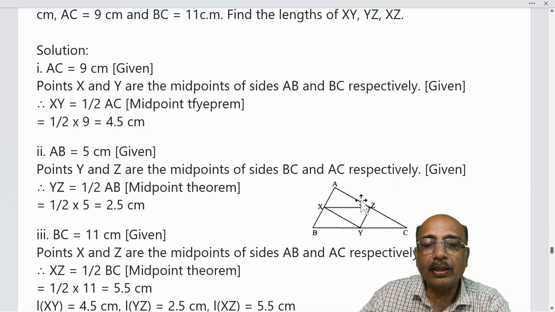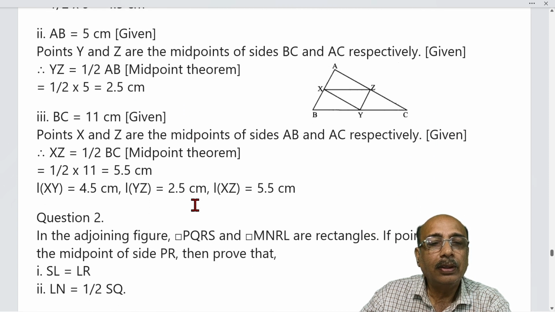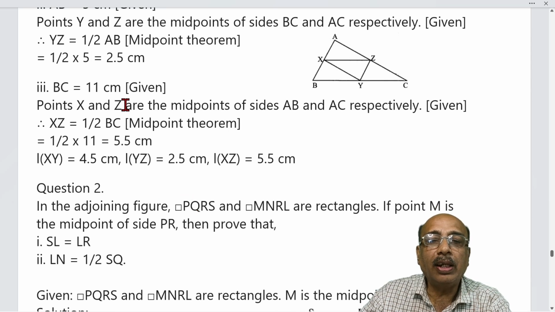Y and Z are the midpoints of sides BC and AC respectively. Therefore, YZ is half of AB by the midpoint theorem, and AB is 5, therefore YZ will be 2.5 centimeter. BC equals 11 centimeter.